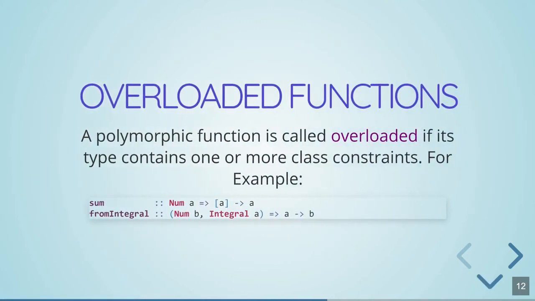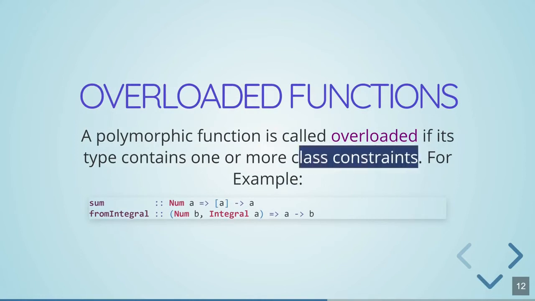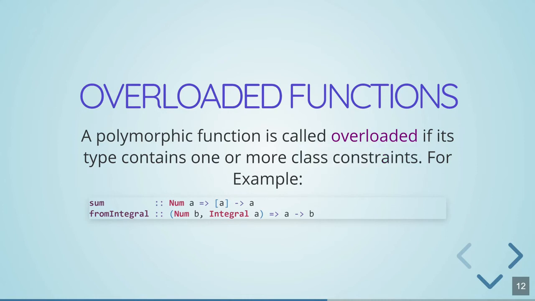A polymorphic function is called overloaded if its type contains one or more class constraints, which basically is a result of a function using a method from a type class. So take the function sum, for example. So sum takes a list of A, it sums all of the elements inside of that list, and returns the result, which will be another type A. Now, we could have written sum as being the list of int goes to int, or the list of float goes to float.